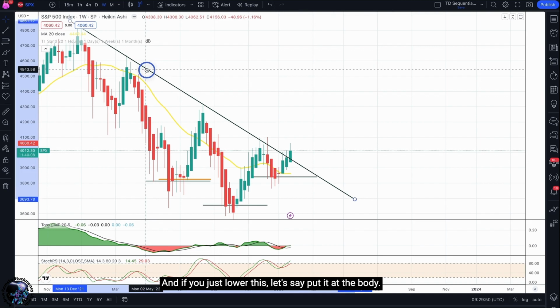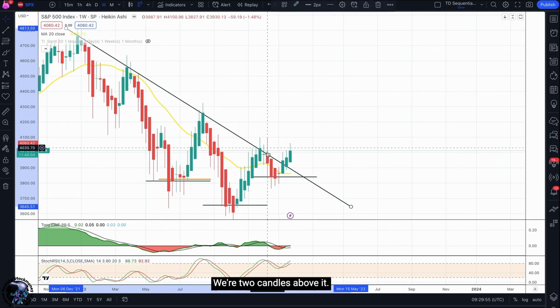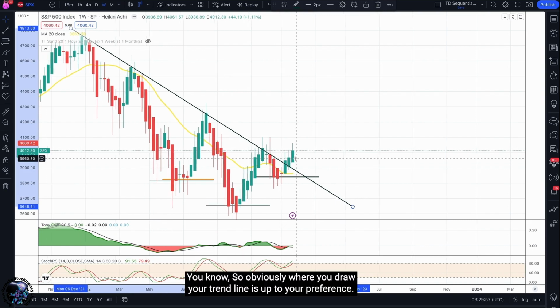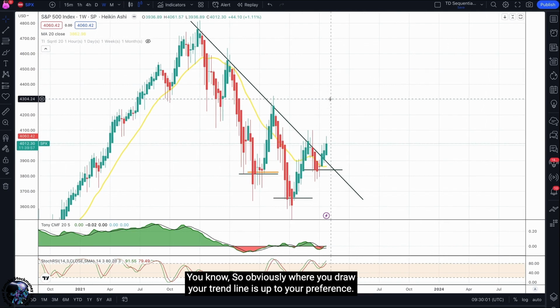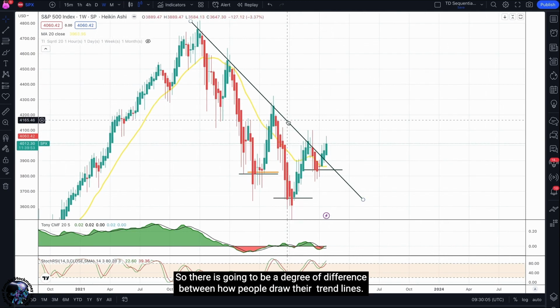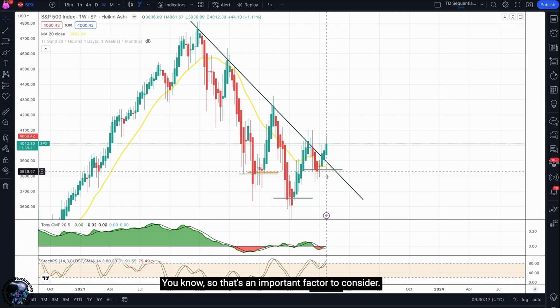And if you just lower this, let's say we put it at the body, we're 2 candles above it, you know. So obviously where you draw your trend line is up to your preference. So there is going to be a degree of difference between how people draw their trend lines. However, the trend is being analyzed in the same way, you know, so that's an important factor to consider.